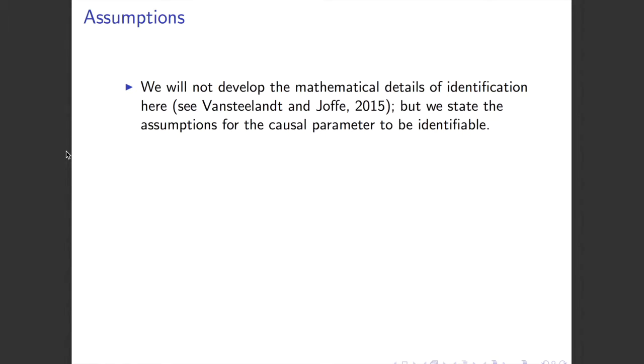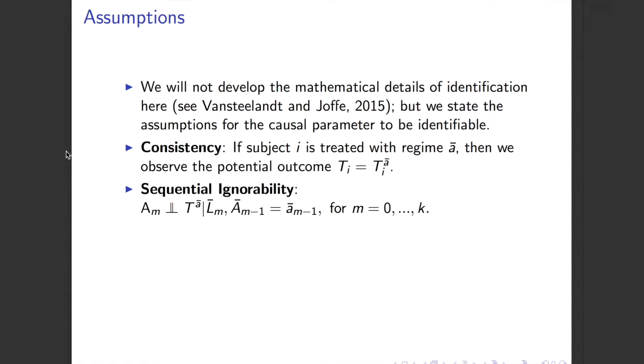We're not going to develop the mathematical details of identification here, but we will state the assumptions for the causal parameter to be identifiable. We will need consistency as before: if subject i is treated with regime little a bar, then we observe that potential outcome.